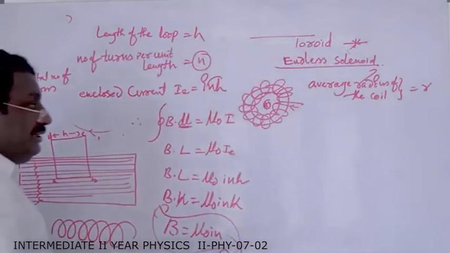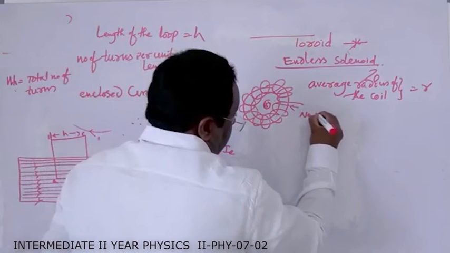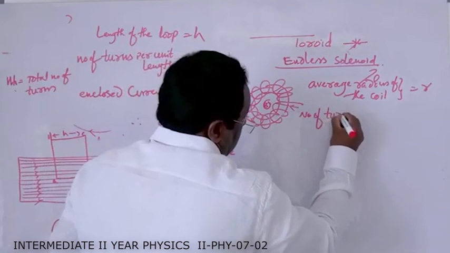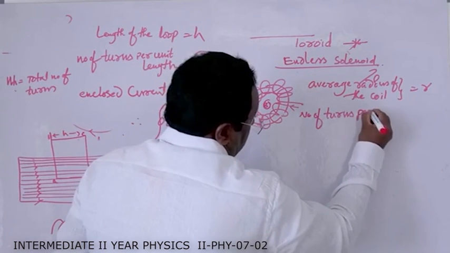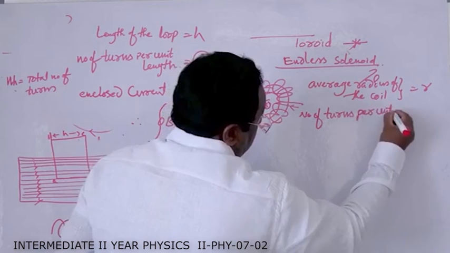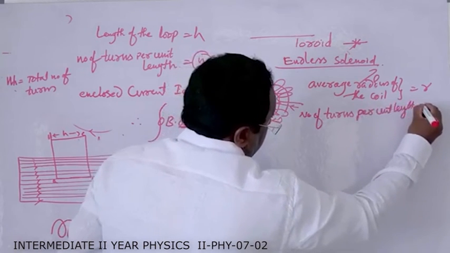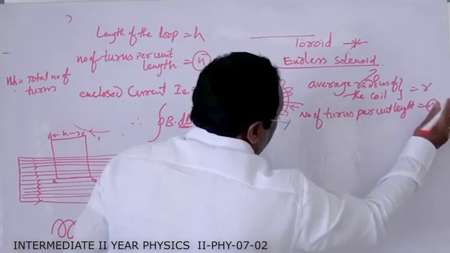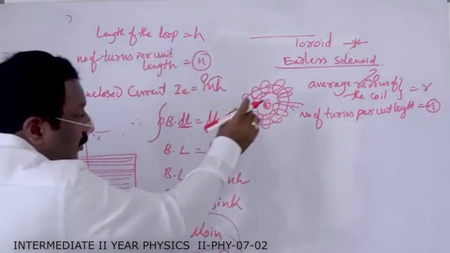And take n as the number of turns per unit length.